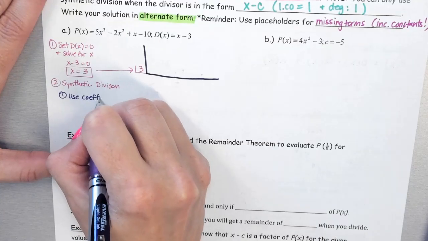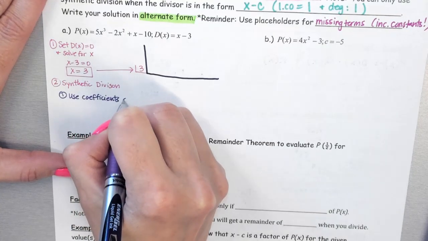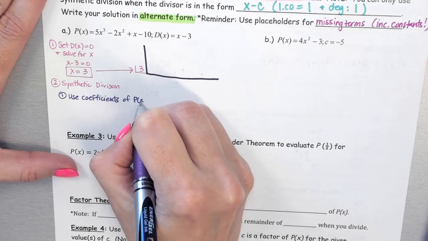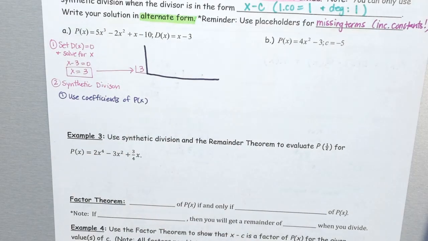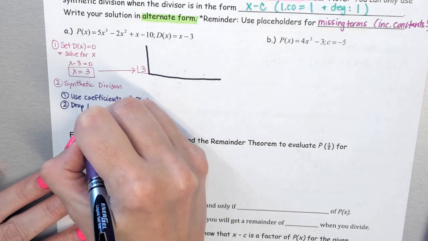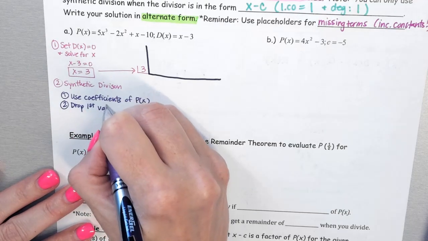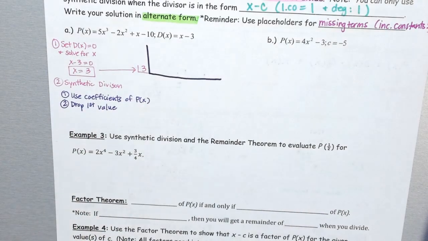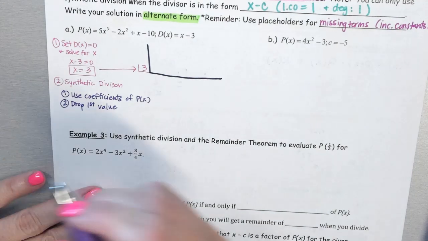If you remember how to do that, feel free to write those in. And then what you do is you drop the first value. So we're going to do those 2 steps.